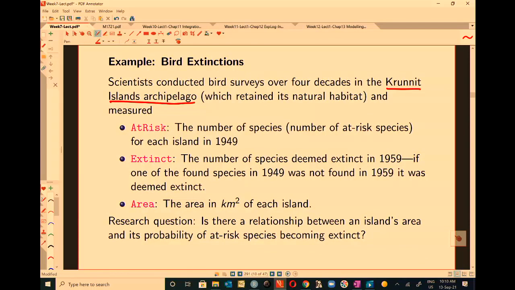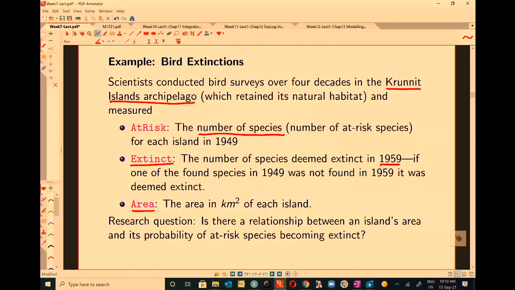This is bird species at risk, and this is actually the number of species that are on the island. Anything that's still there is at risk, and we're also looking at the number that are extinct since 1959, if they have not been found in the last decade or so, and we're also looking at the area of each of the islands.